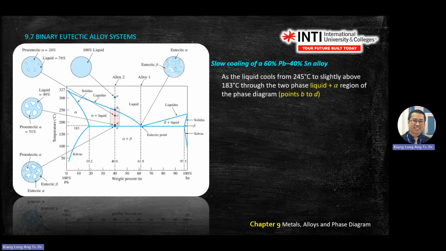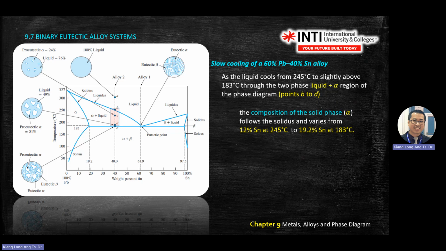Now we go into points B, C, D. As you drop into the alpha plus liquid region, there are two phases, alpha plus liquid. The composition of alpha follows the solidus line, this one.